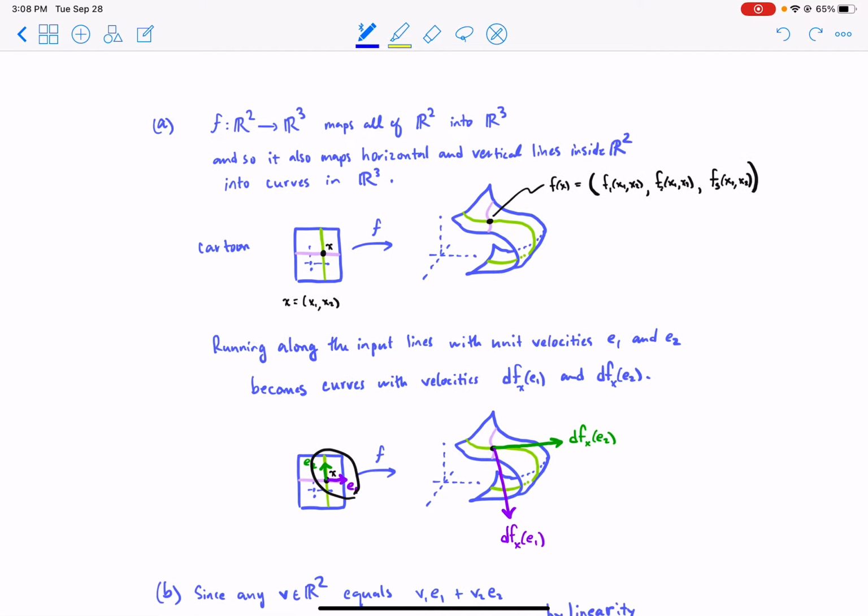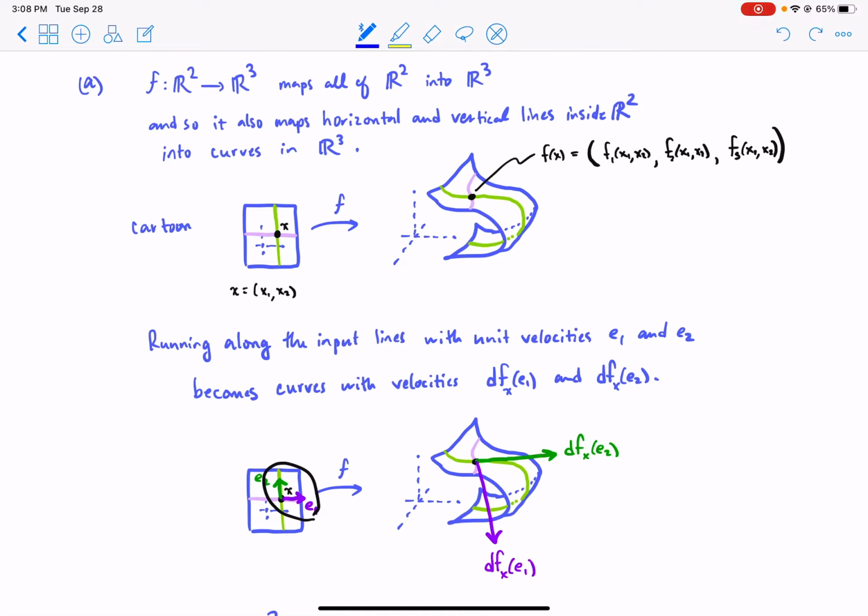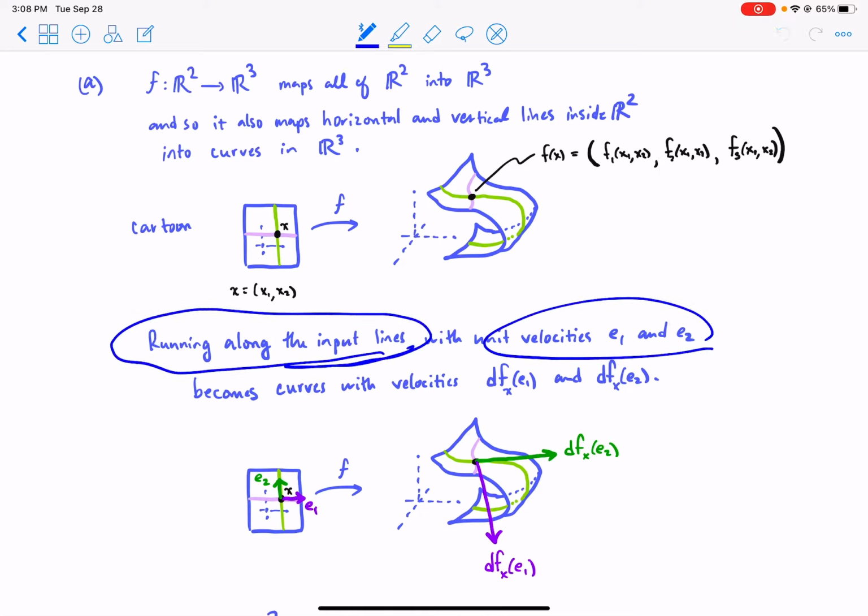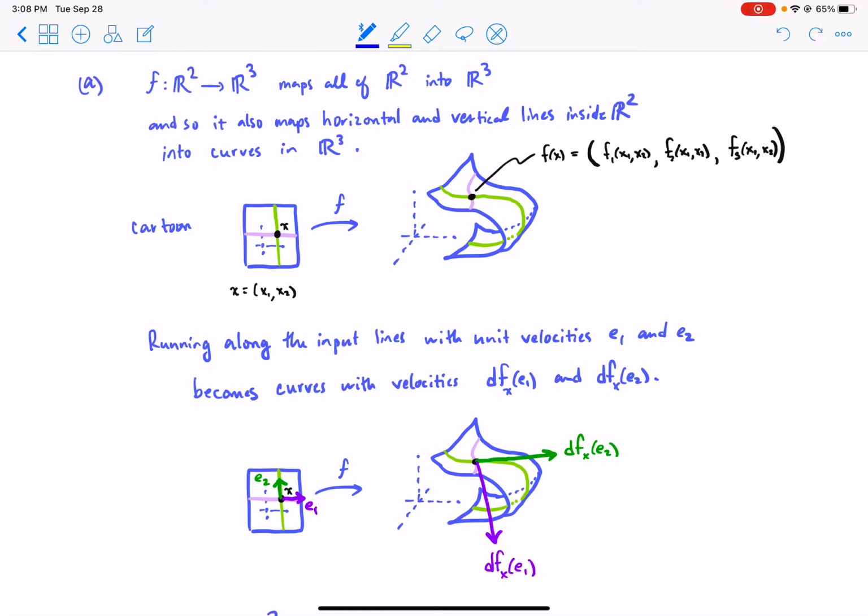Now, the second observation is, if I move along those input lines with unit velocities E1 and E2, so here's my picture of that, the purple velocity and the green velocity, then I could also run along the curves, and then my E1 becomes this purple df at x applied to E1.